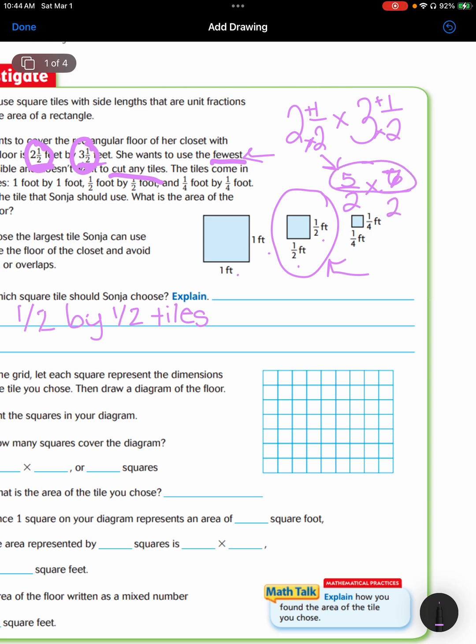So that means that one of the sides has to measure 5, and the other one has to measure 7. So I'm just going to start here. 1, 2, 3, 4, 5, and 1, 2, 3, 4, 5, 6, 7. Okay, so this way we have 5 by 7 here.